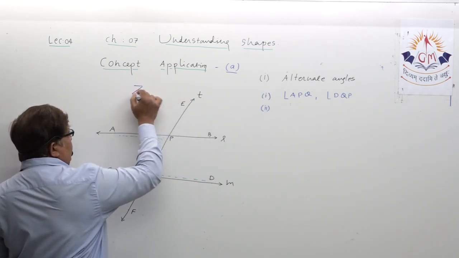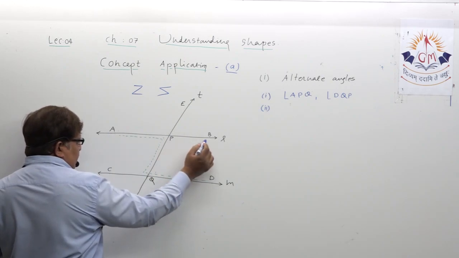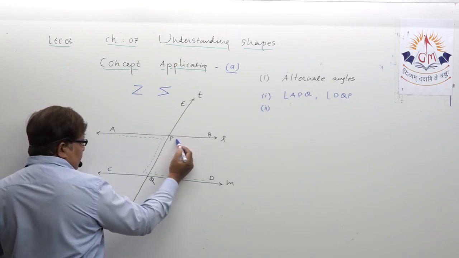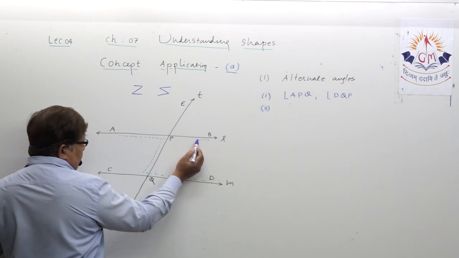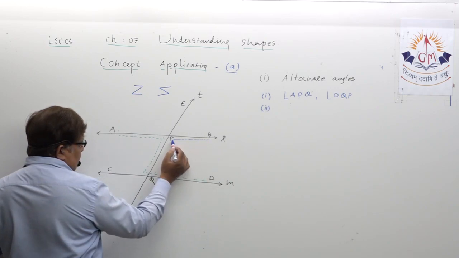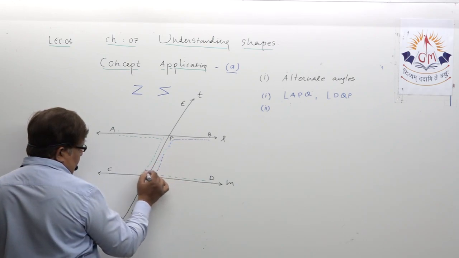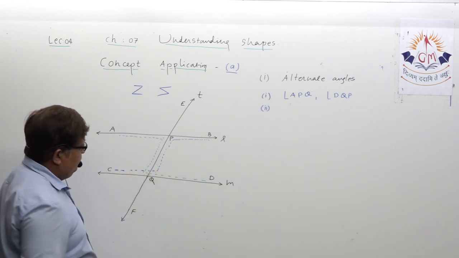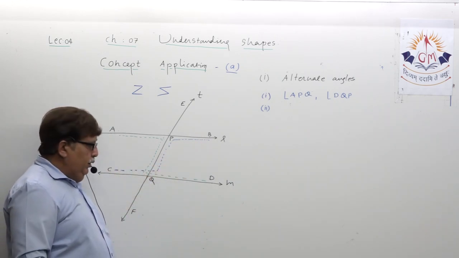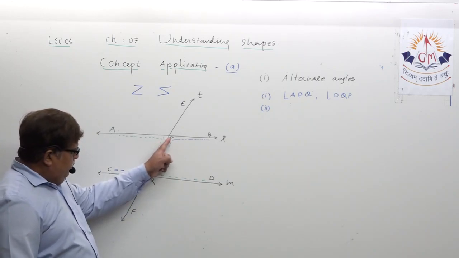This is real Z. This is inverted Z. Start from here. See, I am rolling my pen. B, P, Q, C. Inverted Z. Name the angle. These two are alternate this way.